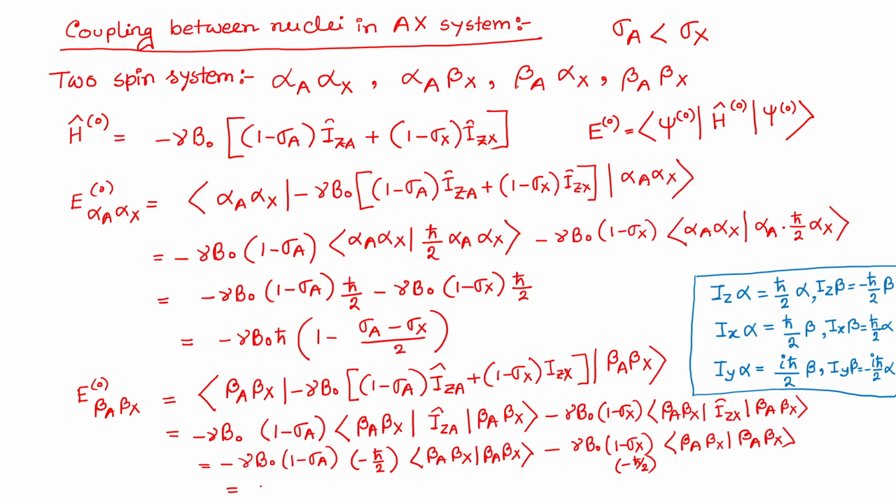So eventually, this is your one normalized condition, so both are plus, so actually we are going to get plus gamma B0 h cut. The rest of the things are the same as the previous one, just the sign has changed.